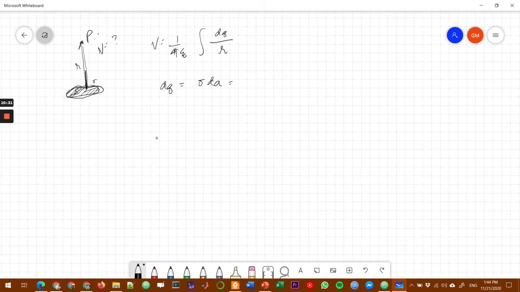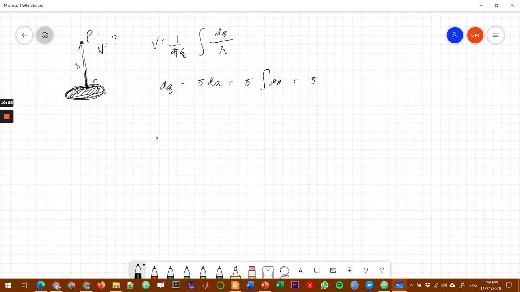So, dA is just a small change in your area, which you will integrate. It's just the area of a disk, right? The area of your circle, or yes, the area of your disk.